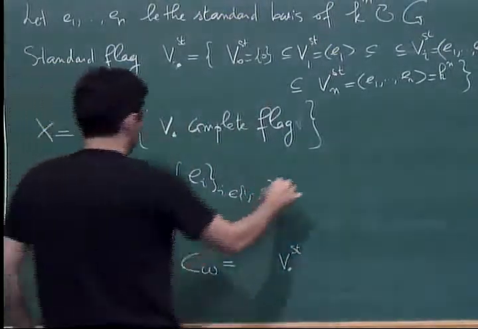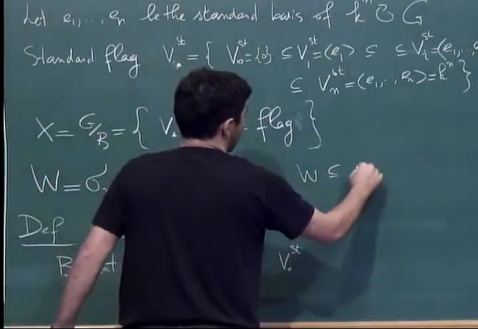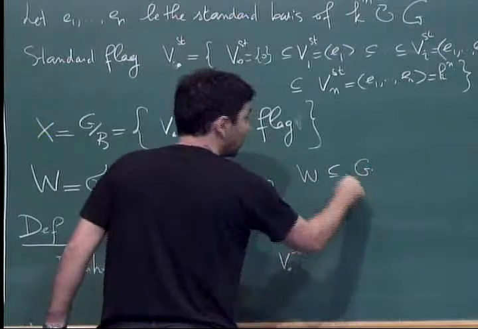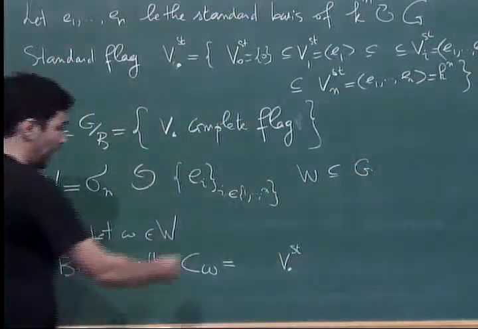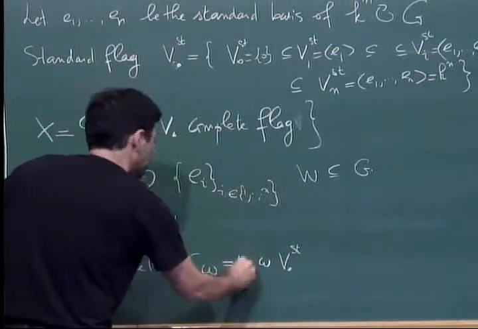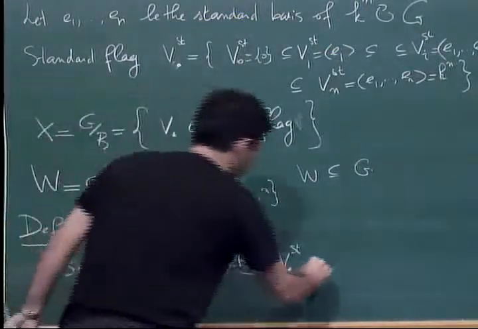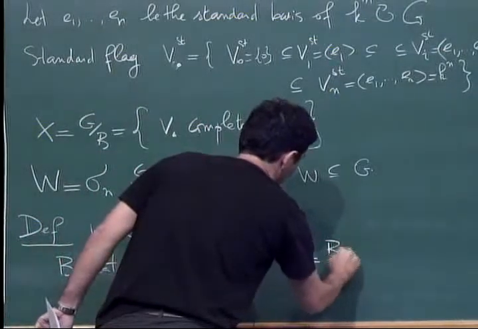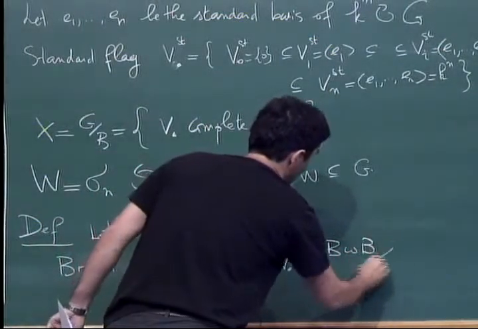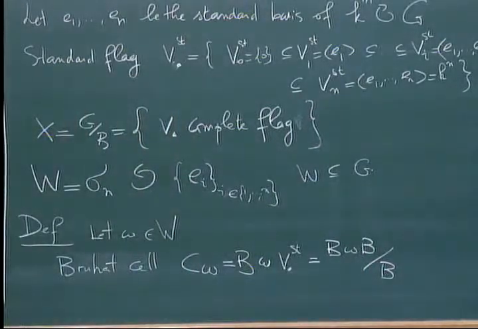W acts on the basis, but W may be seen as well as contained in our group G. So it acts on the flag, and you consider the B orbit. So this is nothing but B omega B mod B. So this is the Bruhat cell.